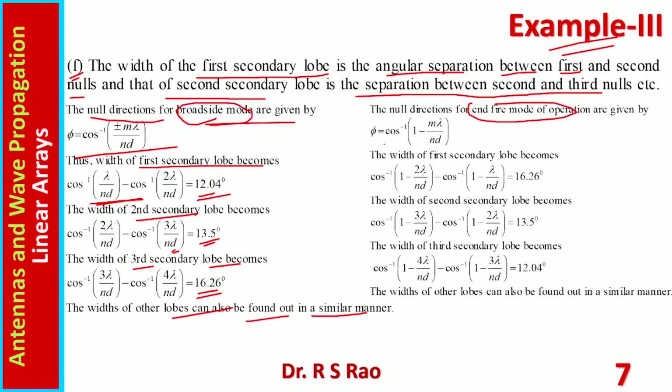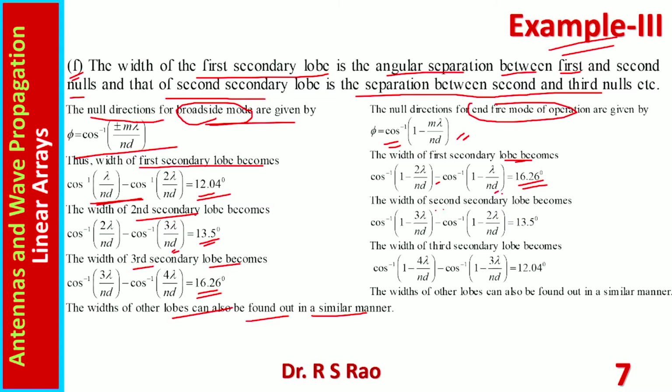Null directions are given by cos inverse 1 minus m lambda by nd. So the width of the first secondary lobe becomes cos inverse 1 minus 2 lambda by nd minus cos inverse 1 minus lambda by nd. It turns out to be 16.26 degrees.